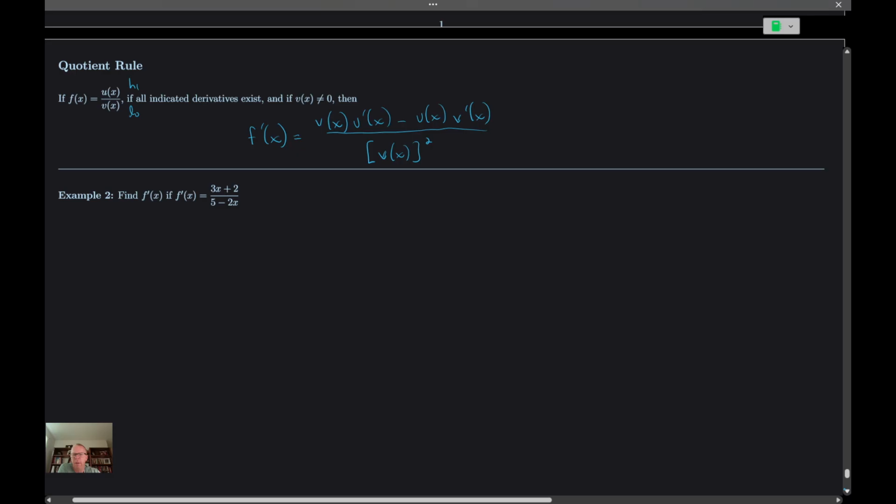So it's the low function times the derivative of the high function minus the high function times the derivative of the low function, all over the low function squared. So every time I do this, I will say low d high minus high d low over low low, or low squared. You could say that too. But however you remember how to do it, make sure you remember how to do it. That's the important thing.